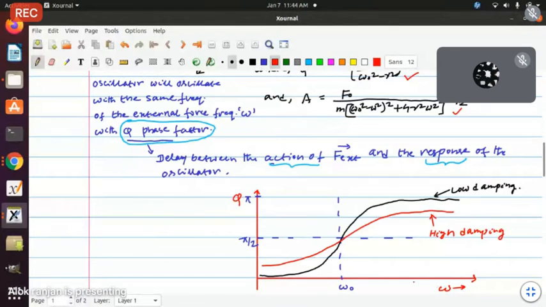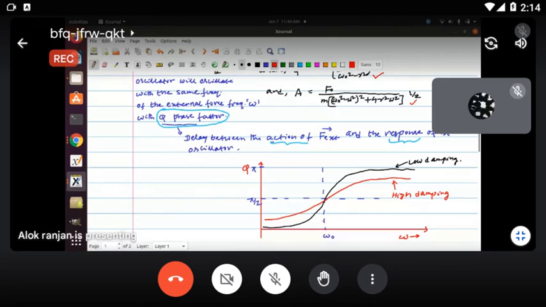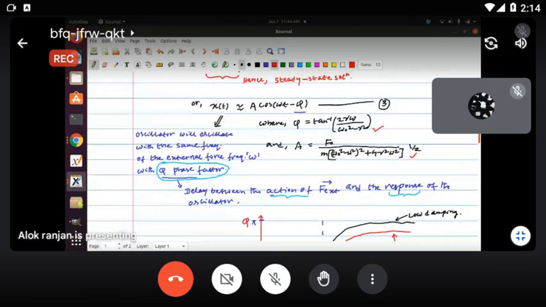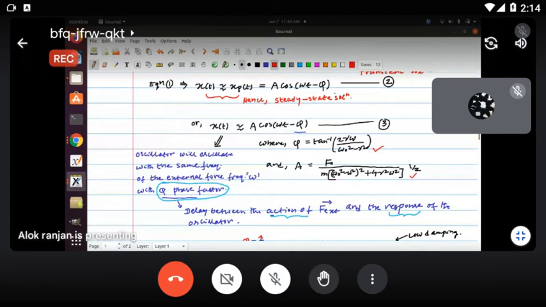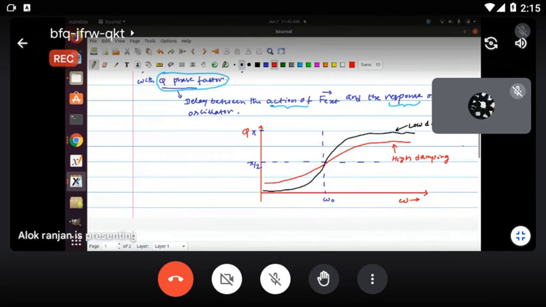When the external force frequency is omega naught, and when the phase is pi by 2, what will happen? Cosine(omega t minus pi by 2) equals what? Again, some sine function, right? So therefore it will be 0. So that's exactly here. Here, this is the mean position.